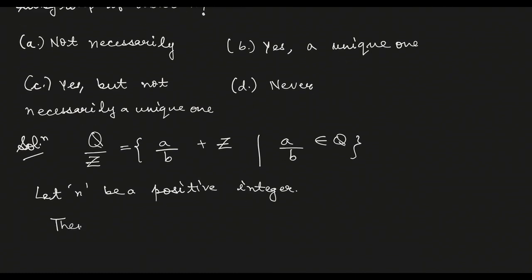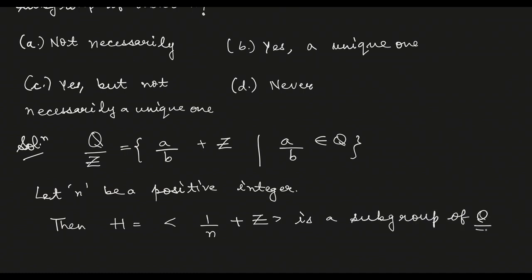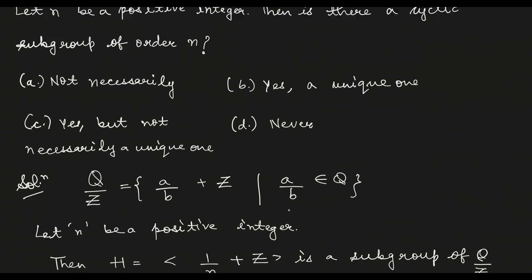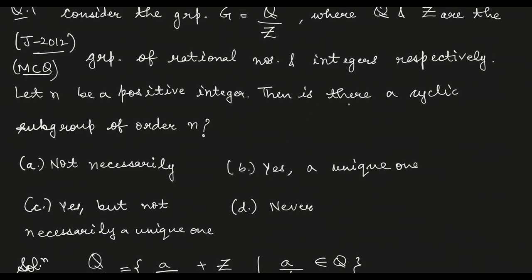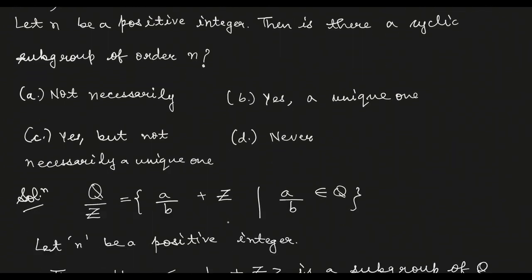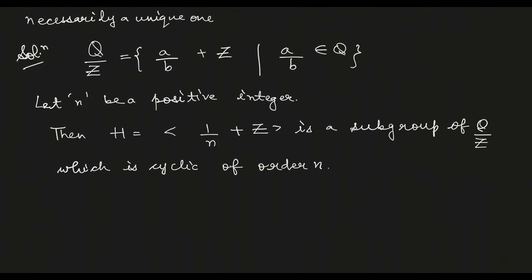Then H is equal to 1 upon n plus Z. This will be a subgroup of Q by Z, which is cyclic of order n. Because in the question we are asked, is there a cyclic subgroup of order n? So we are able to find a cyclic subgroup of order n. This is a cyclic subgroup of this Q by Z quotient group.